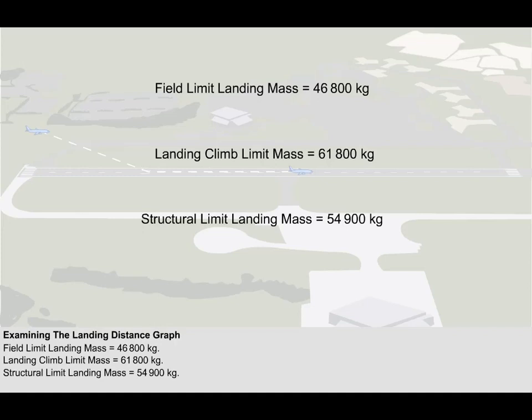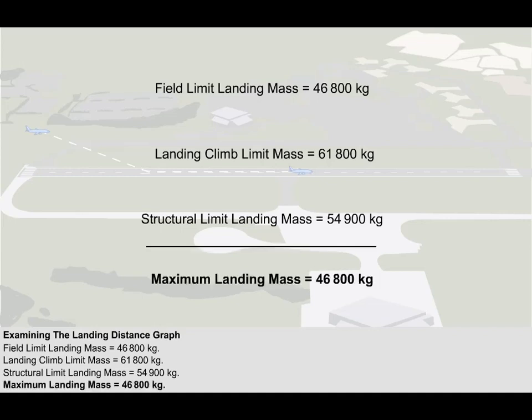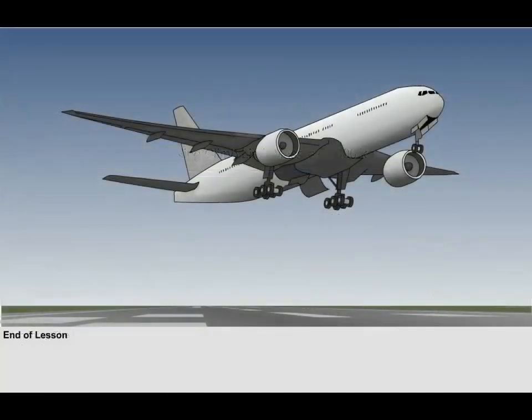The structural limit landing mass of the 737-400 series is 54,900 kilograms. Exceeding this mass may structurally damage the aeroplane during the landing procedure. Therefore, the maximum landing mass for our example must be the lowest of the listed masses, and in this case is 46,800 kilograms. This completes the lesson on the Class A performance requirements for the landing phase of flight.